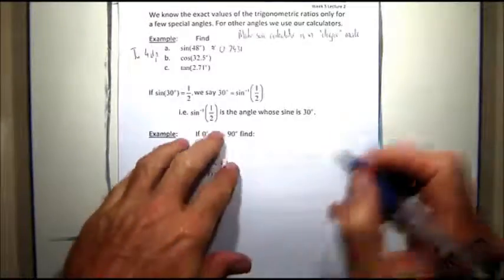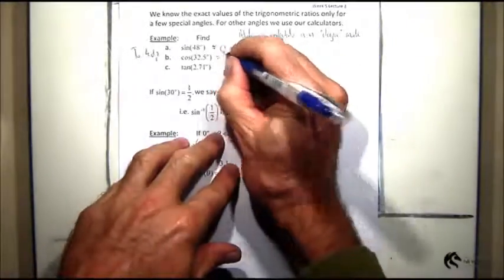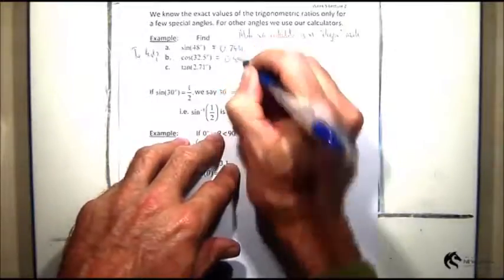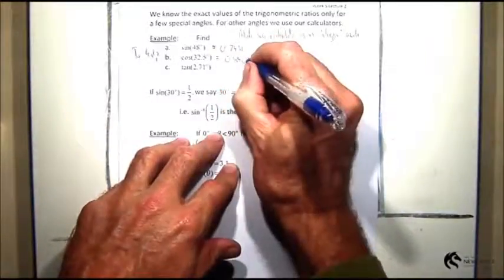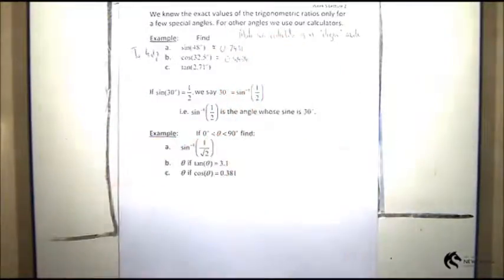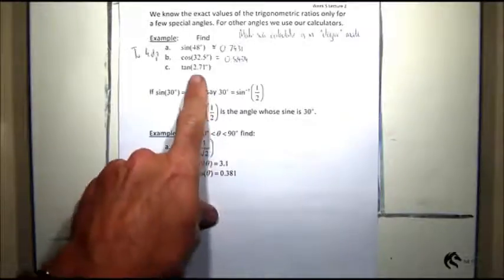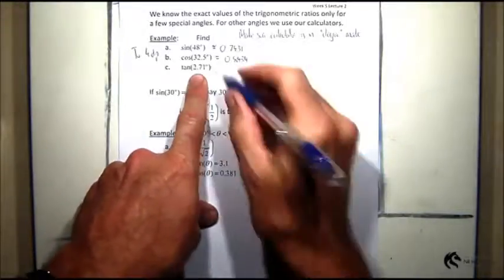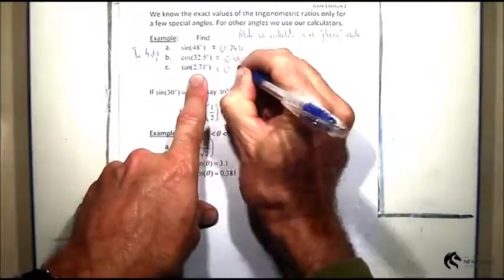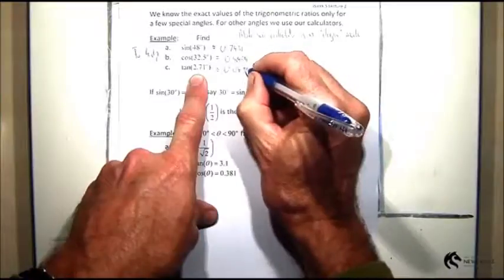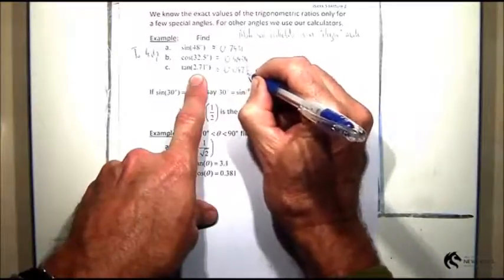For this one, I got the cos of 32.5 to be 0.8434 when rounded to 4 decimal places. And for tan here, I got 0.0473 to 4 decimal places.